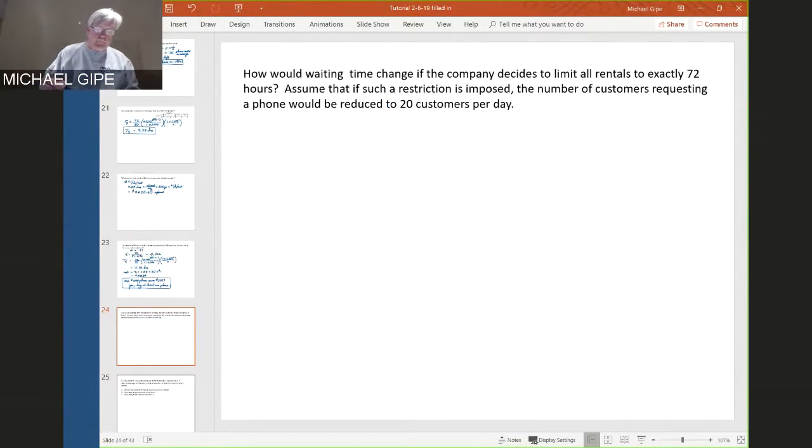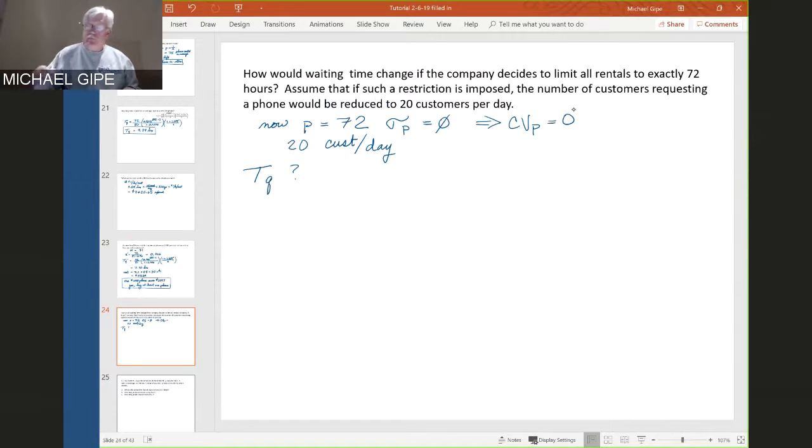So now processing time is still 72, but the standard deviation is 0. And now we have 20 customers per day. What's the time in the queue? Coefficient of variability for the processing is again 0, right?